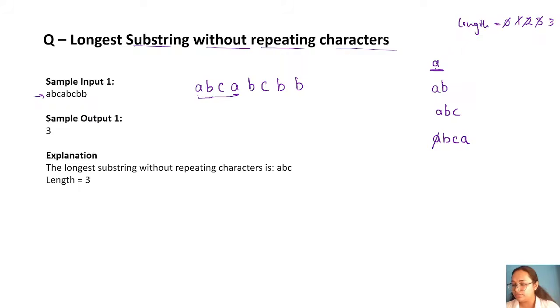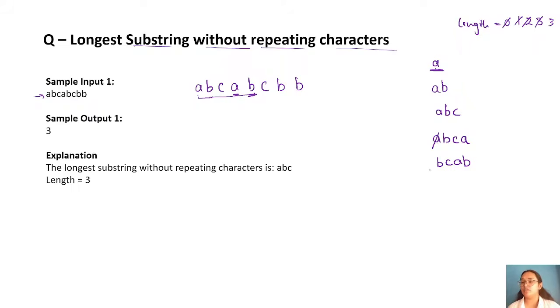Now once that is done, you will try to input the next element after this A. So now it is B, C, A, and the next character is B. So you will have B in here.